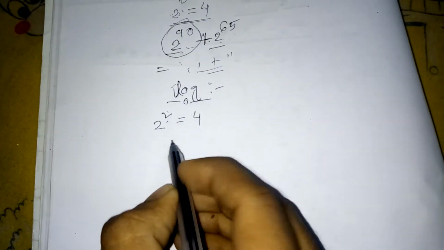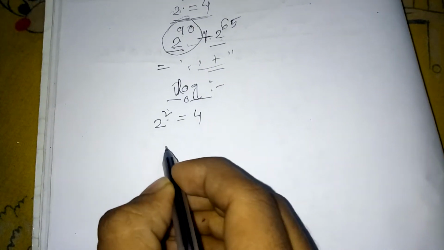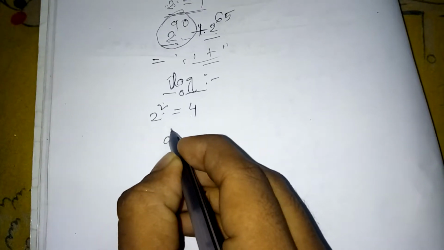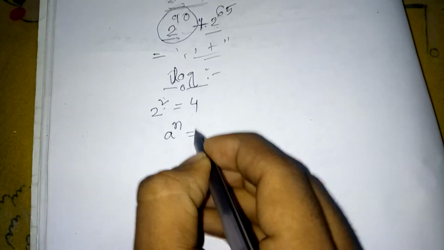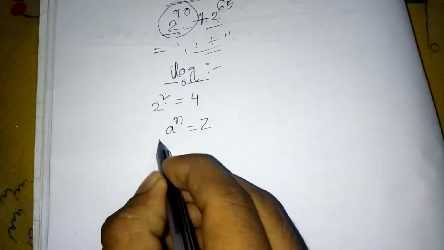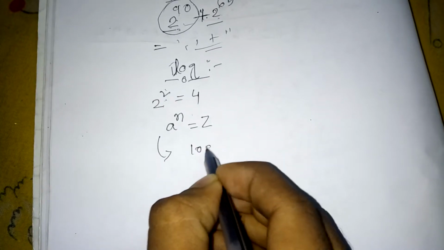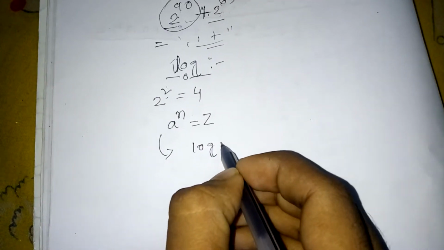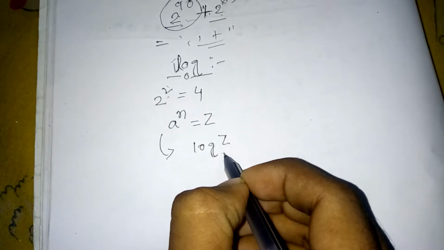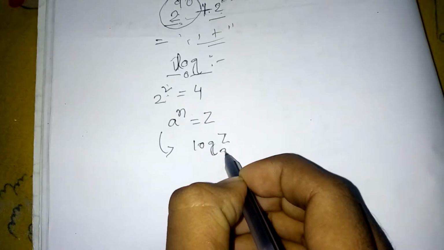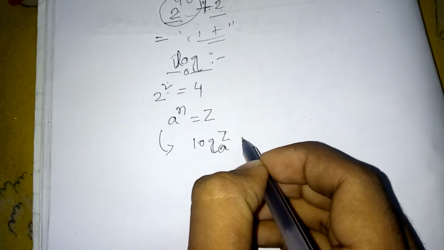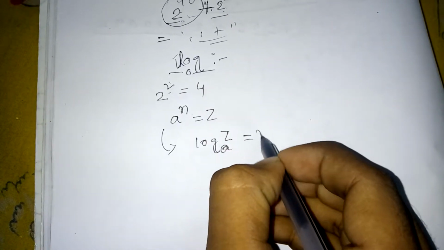So in log, in general terms, if a to the power n is equal to z, then we will write it in log as log of z base a is equal to n.